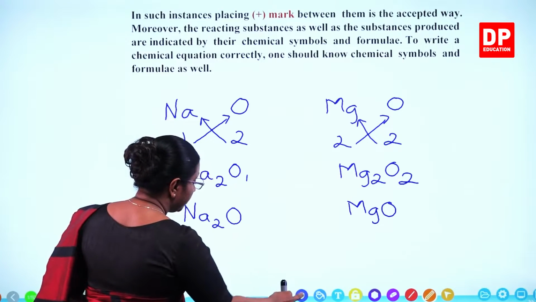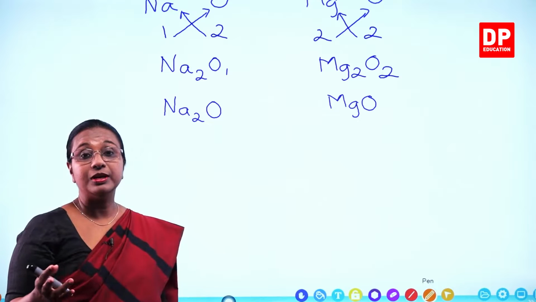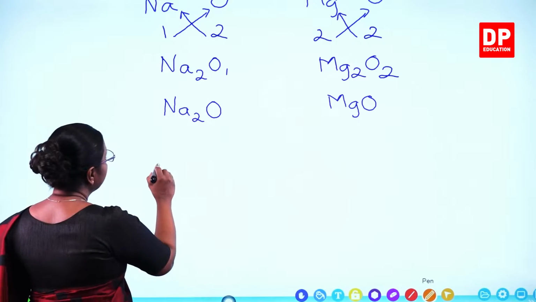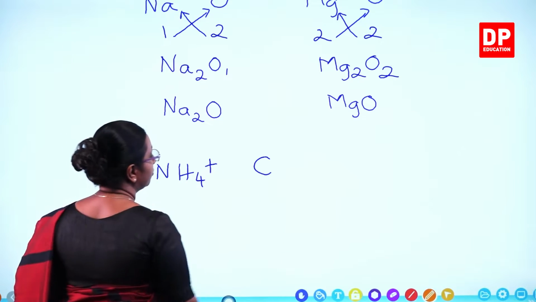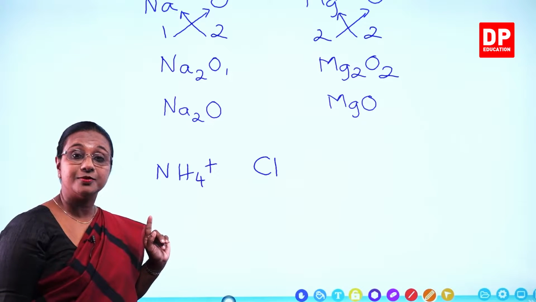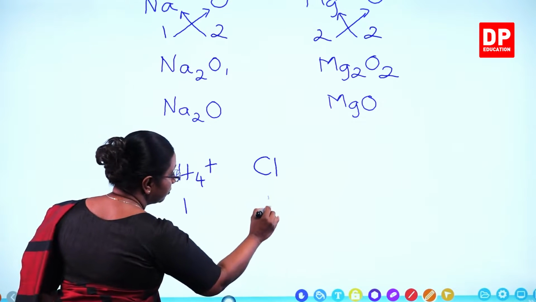The same way, you are familiar with radicals also, molecular ions or polyatomic ions, radicals. For example, NH4+ and chlorine. Now NH4+, the plus charge is the valency. So valency of ammonium ion is 1, chlorine is also 1.